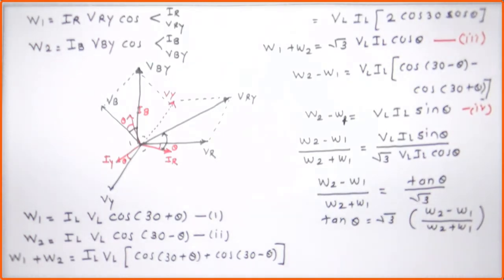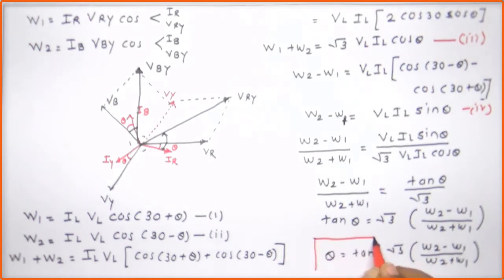And finally, we can write the equation that theta is equal to tan inverse root 3 (W2 minus W1) upon (W2 plus W1). Now this is nothing but my final equation, where I am directly getting the value of theta along with the equation of the wattmeter readings.